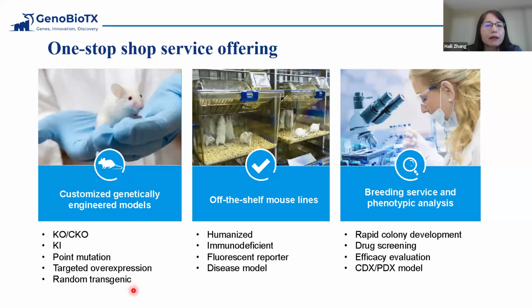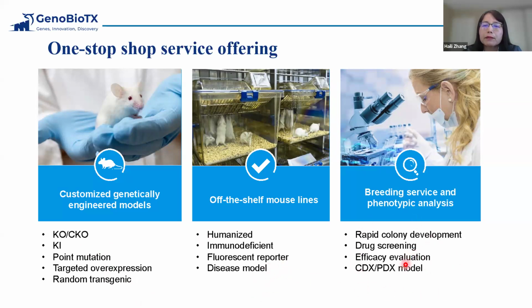For customized model development, we support knockout, conditional knockout, knock-in, point mutation, targeted overexpression, and random transgenic model development. For the off-the-shelf mouse lines, we have humanized mouse models, immunodeficient mouse models, fluorescent reporters, and disease models.